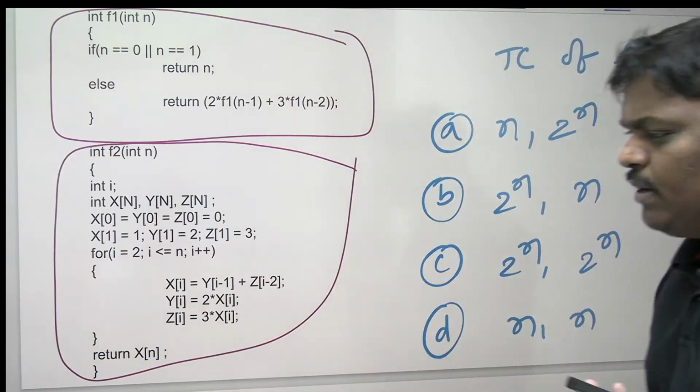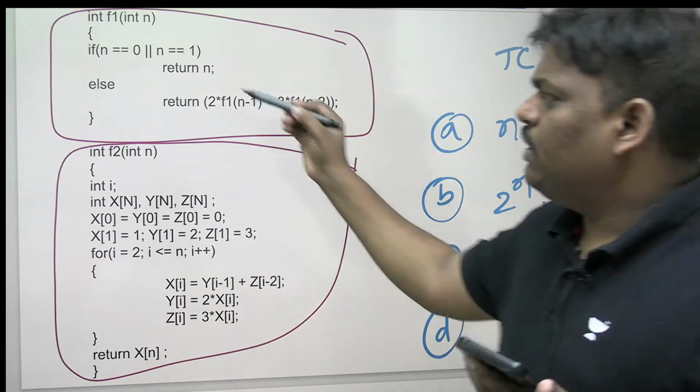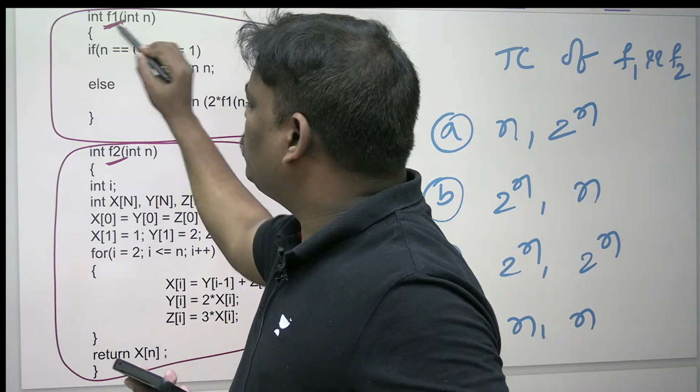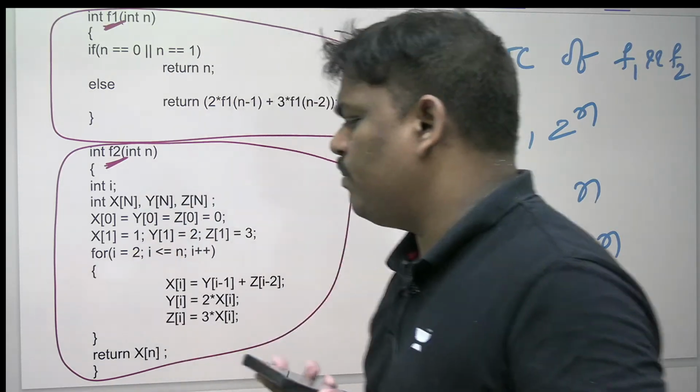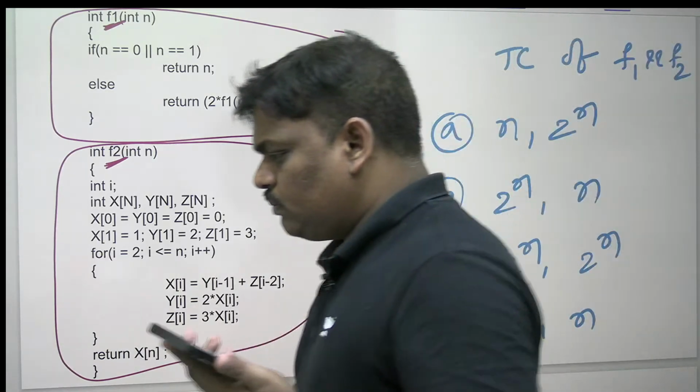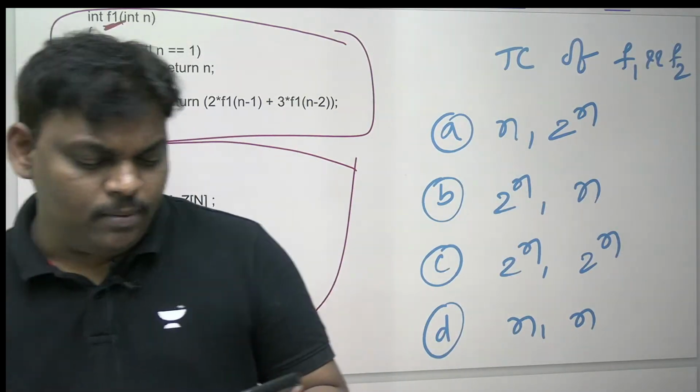F1 function, F2 function. What will be the time complexity?